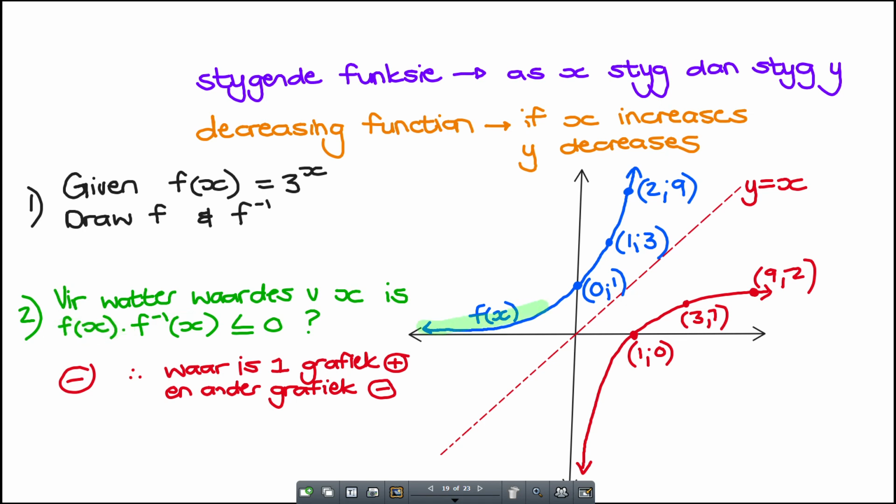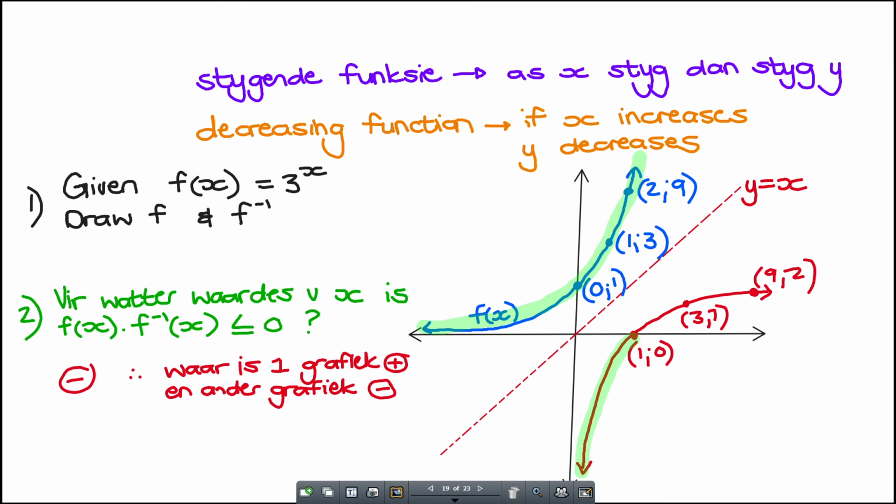Everywhere on this graph, my y values are positive. Okay? And here everything is also positive. So I actually only want the part where this is negative and that is positive.